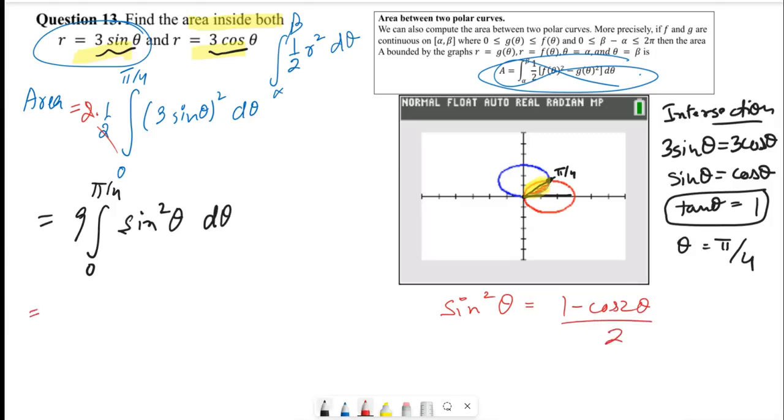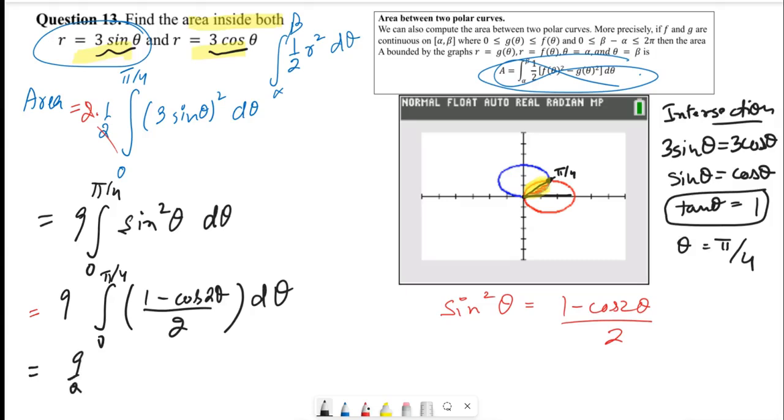So let's do that. 9 outside, integral 0 to pi/4. Sine square theta can be replaced by (1 minus cosine 2 theta) by 2 with respect to theta. So this by 2 can come out. So we have 9/2. Integral, let's just do the integral.